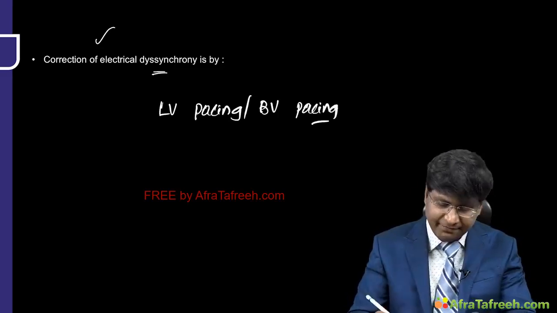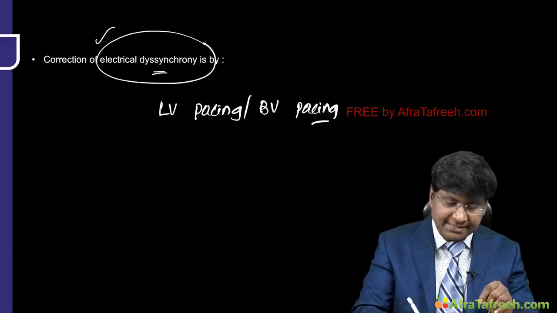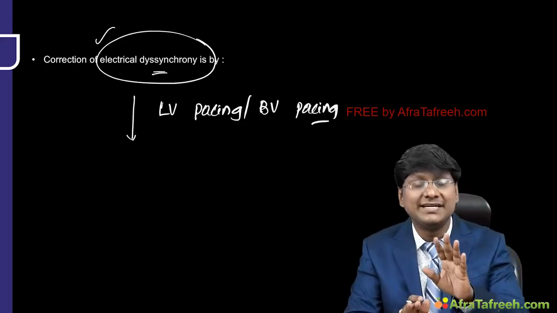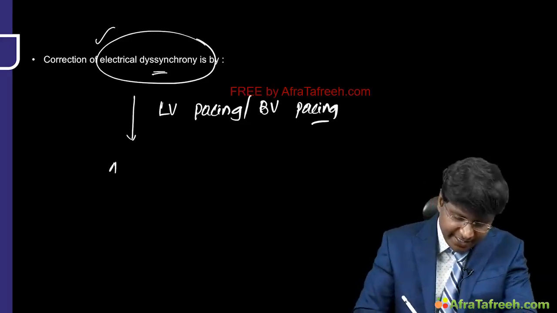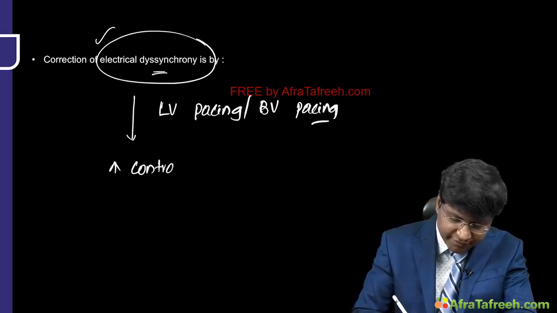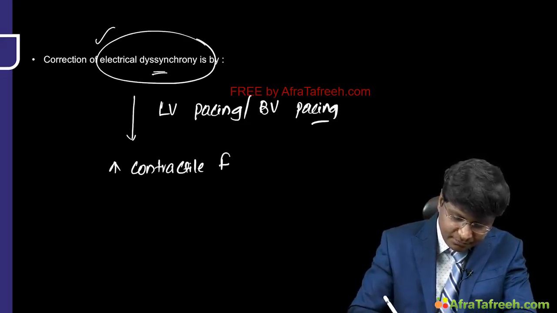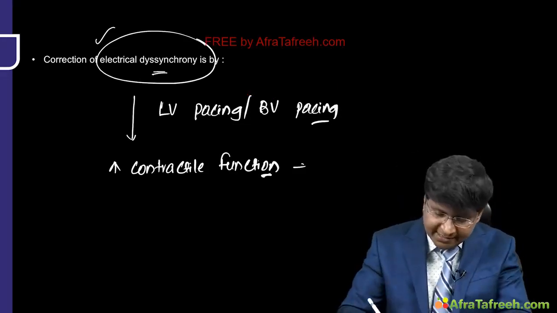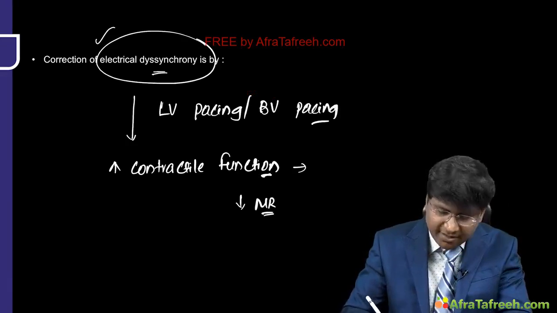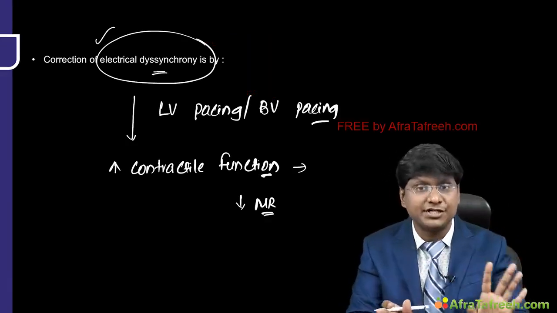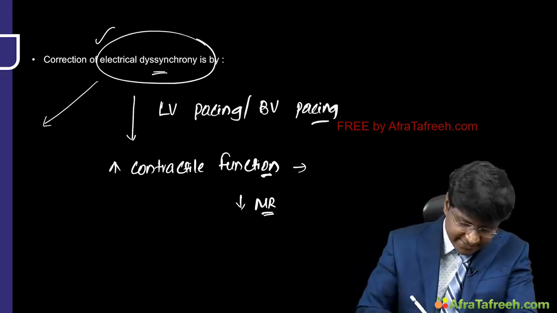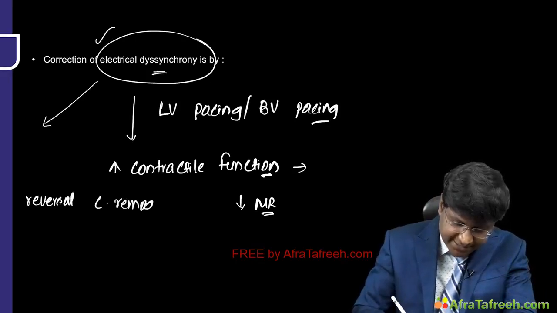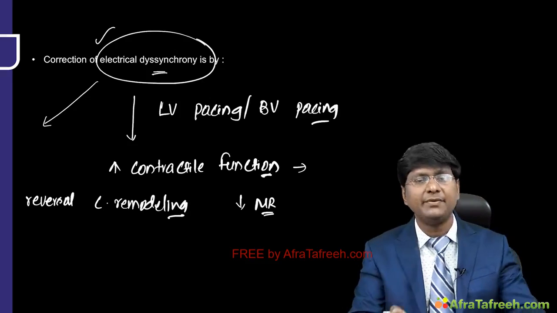By doing this, the electrical dysynchrony is corrected, and there will be improvement in the contractile function of the heart, a decrease in mitral regurgitation if it has developed, and thereby reversal of cardiac remodeling. That is the advantage of left ventricular or biventricular pacing.